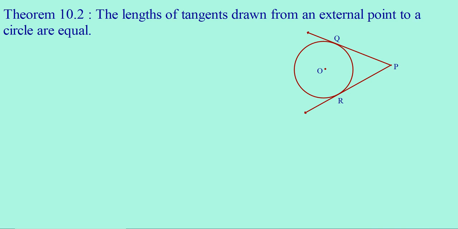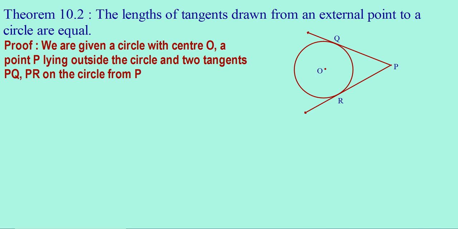This we can write first as given. Now what we are required to prove here, next we can write: we are required to prove that PQ is equal to PR.